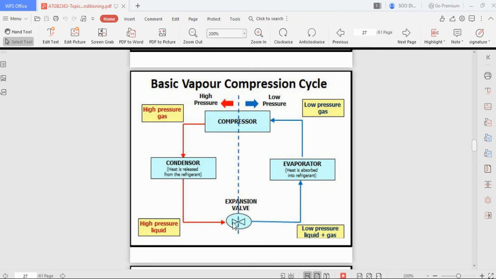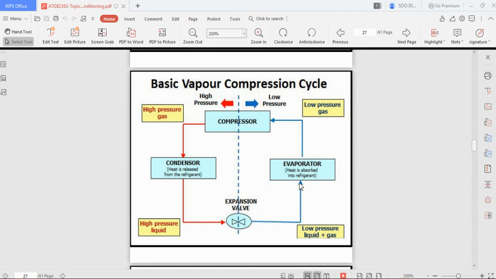Then when you move to the expansion valve and reduce the pressure of this liquid, you get some sort of liquid gas. And then you move it to the evaporator. At this location, the refrigerant will try to absorb as much heat as possible where you want the area to be cool.